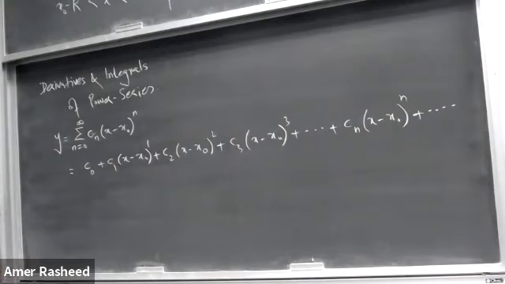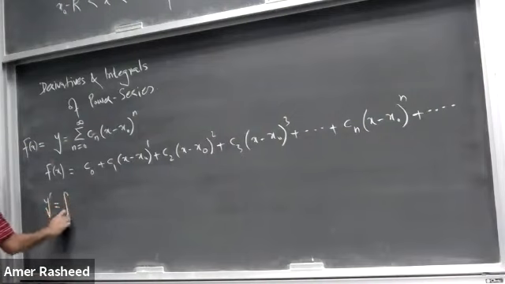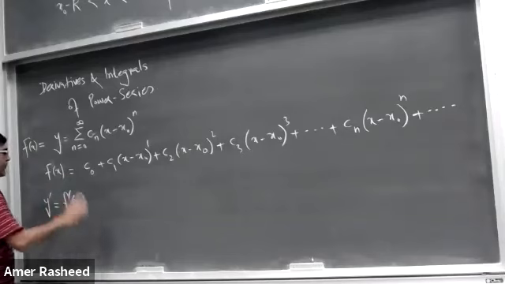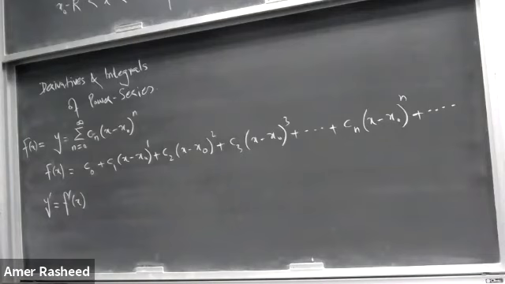Now, if y is a function, in fact, it is f of x, then we can differentiate any function with respect to x. So it means y dash is equal to f dash, taking the derivative with respect to x. So x will be the variable which will be differentiated.